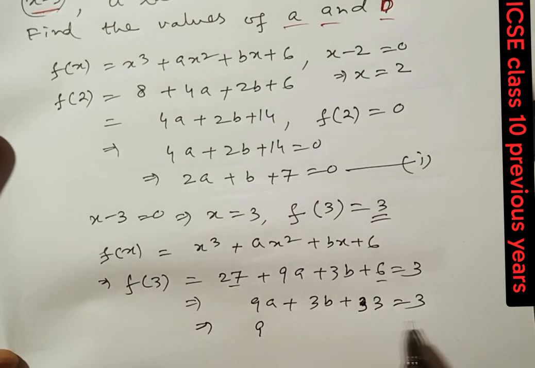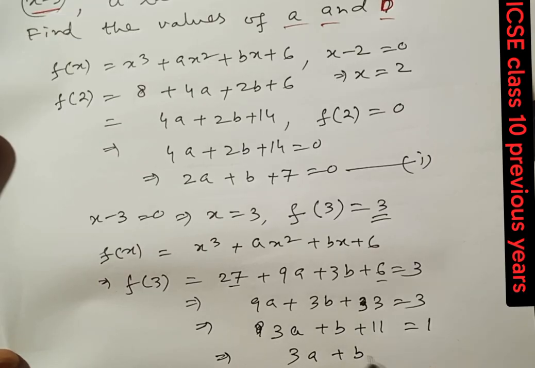Now 3 is common on both sides, so we take 3 as common and cancel it. 3a plus b plus 11 equal to 1. From here 3a plus b equal to minus 10. This is equation number 2.